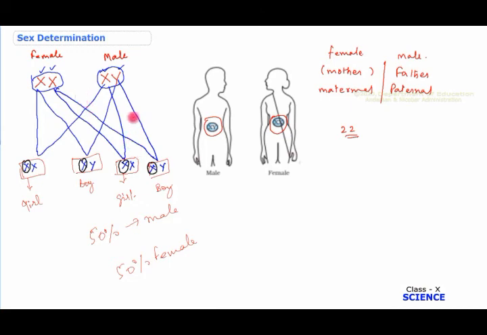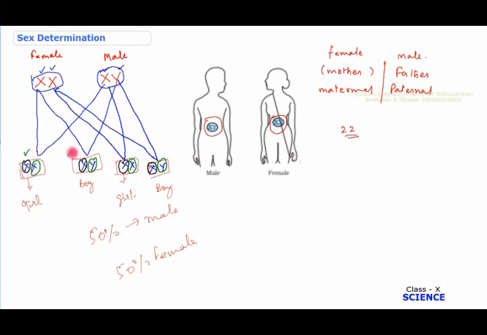Whereas in the male's contribution, in the first case an X chromosome is inherited, in the second case a Y chromosome, in the third an X chromosome, and in the fourth again a Y chromosome. So all children will inherit an X chromosome from the mother.